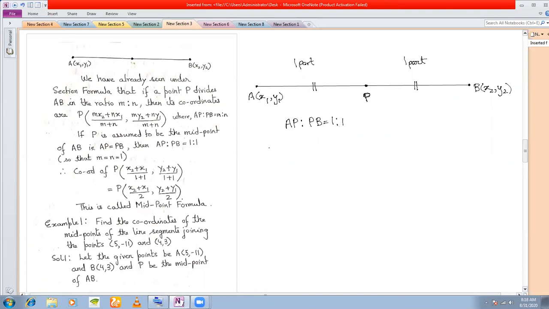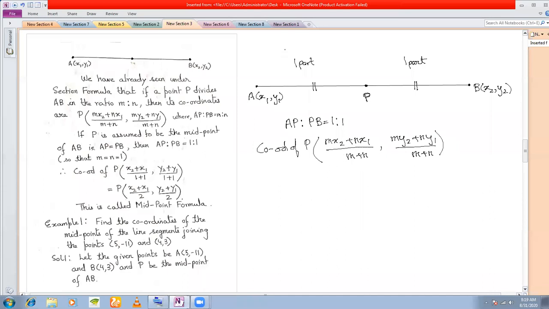Therefore, from the section formula, what should be the coordinates? This should be the coordinates by section formula of P.